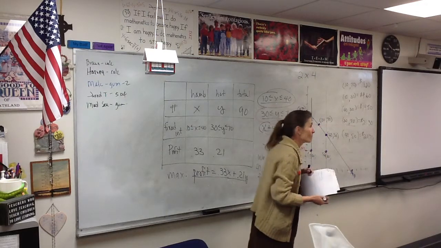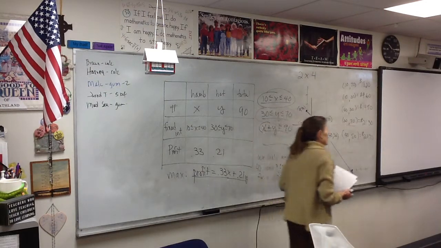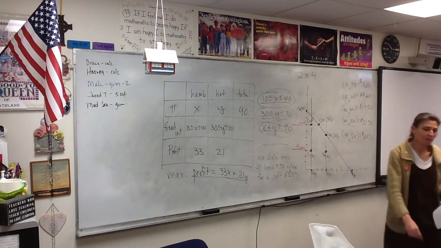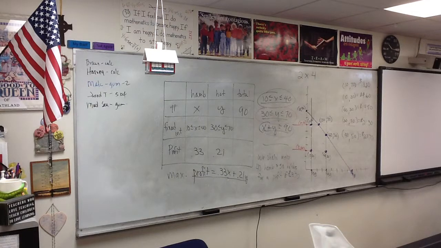Where did the 2 come from, Katie? There's 2 rows. Where did the 4 come from? There's 4 columns, right? 2 by 4.